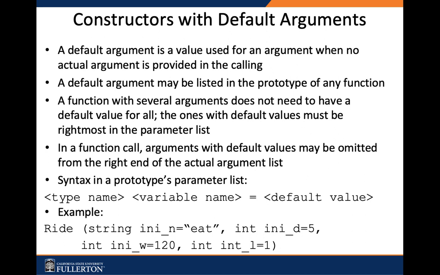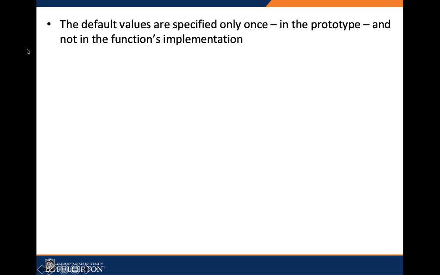That means the constructor for the class Write will have 4 parameters. All 4 parameters have default values, and these default values will be used when we call the object and do not include some of them. The default values are specified only once, in the prototype, and not in the function implementation.